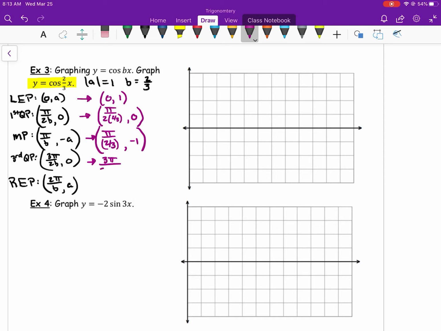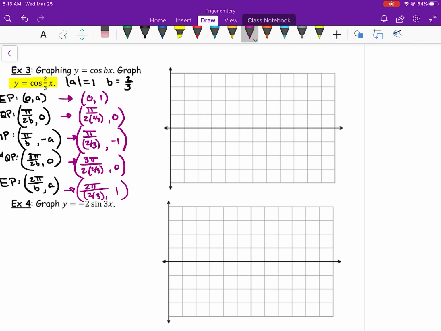And then we have 3 pi over 2 times 2/3, comma 0. And I'll do the work on the right hand side for these. And then 2 pi over 2/3, 1.